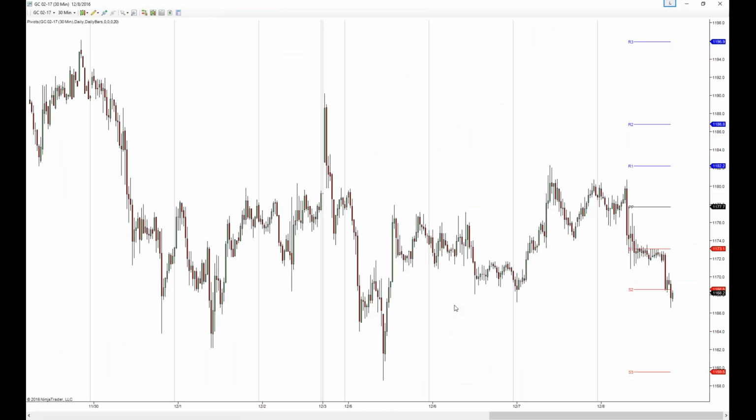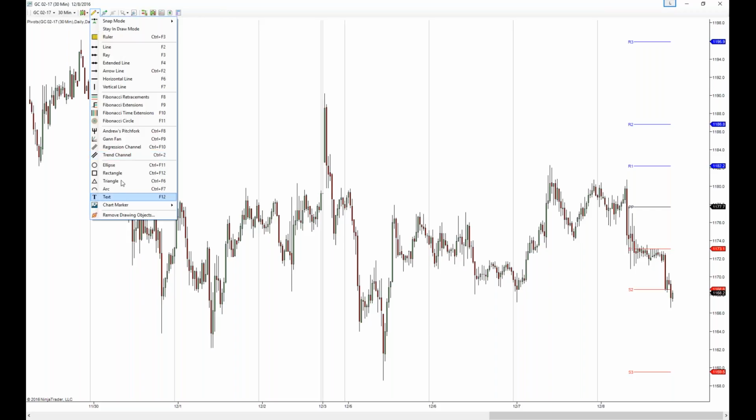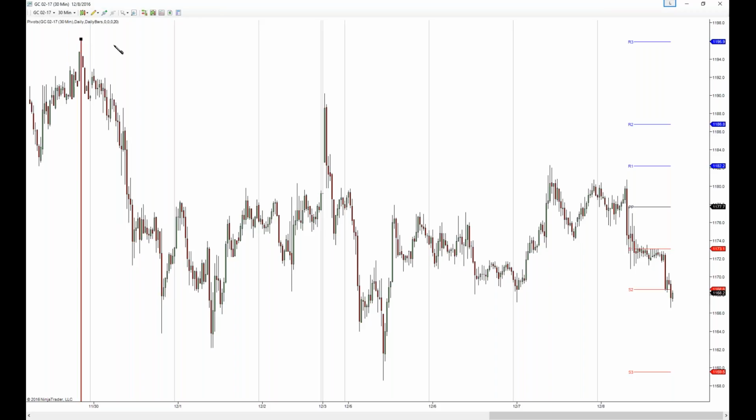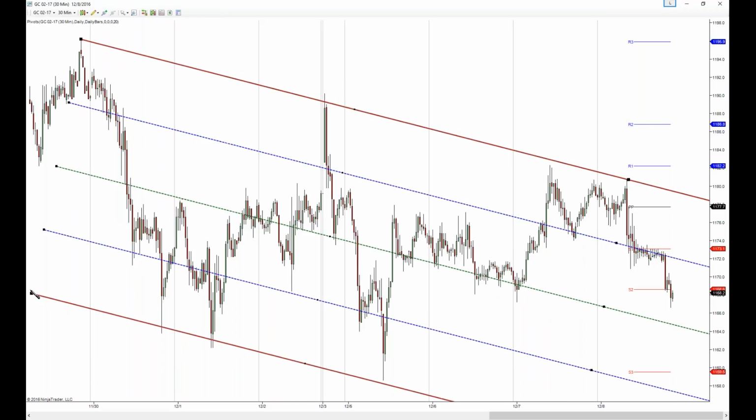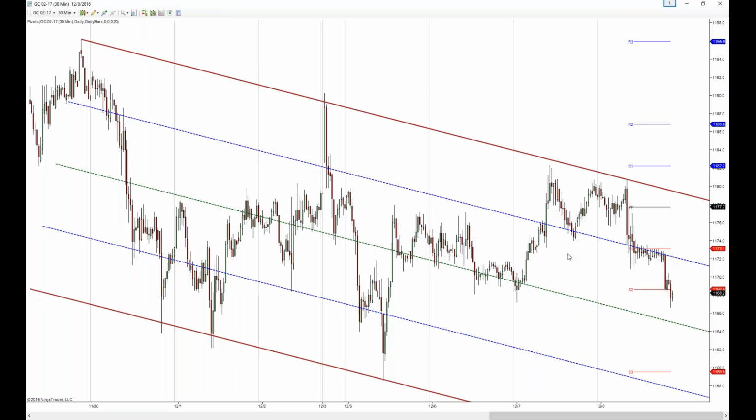So I've got to determine what the chart is doing right now. And there's a lot of different ways to draw that. The first thing that I see is the chart could be looking just like this. This is a big trend channel. And yeah, this is what it's doing, right? This is a pretty good channel here.